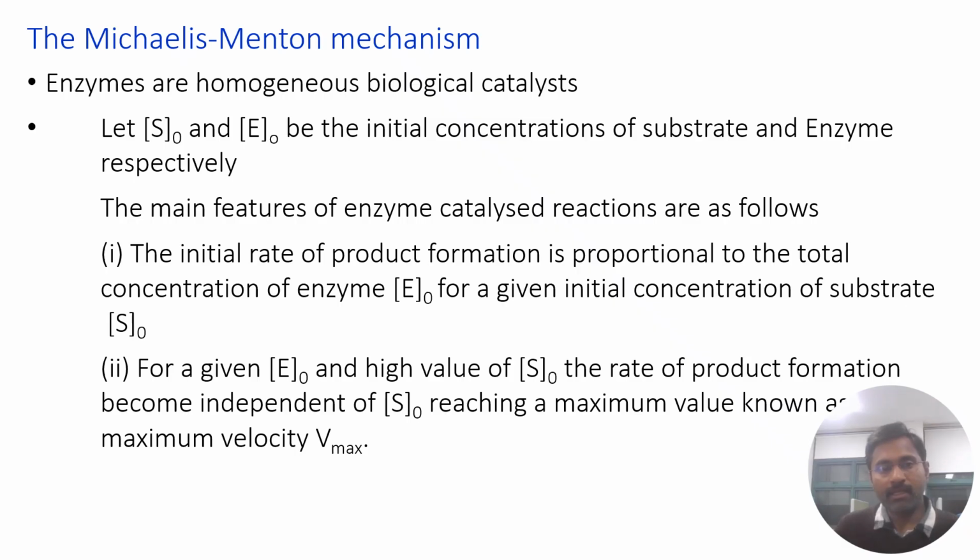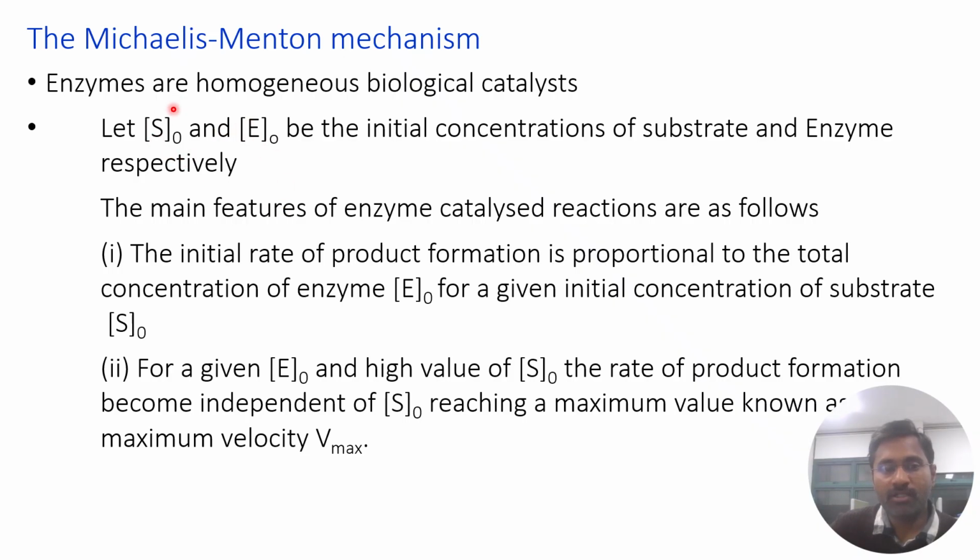To understand enzyme kinetics, the Michaelis-Menten mechanism is widely followed and widely applicable. We have a few notations required to understand this mechanism. One is S, which stands for the substrate. S naught stands for the initial substrate concentration. E naught stands for the initial enzyme concentration.